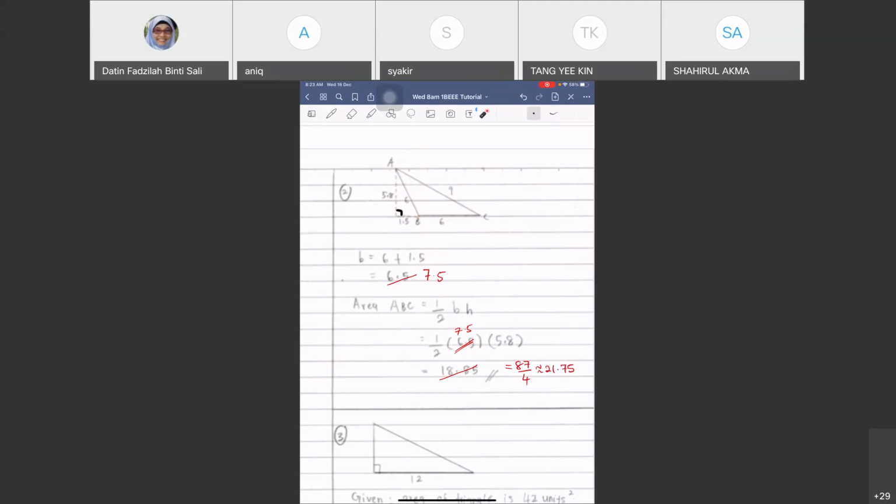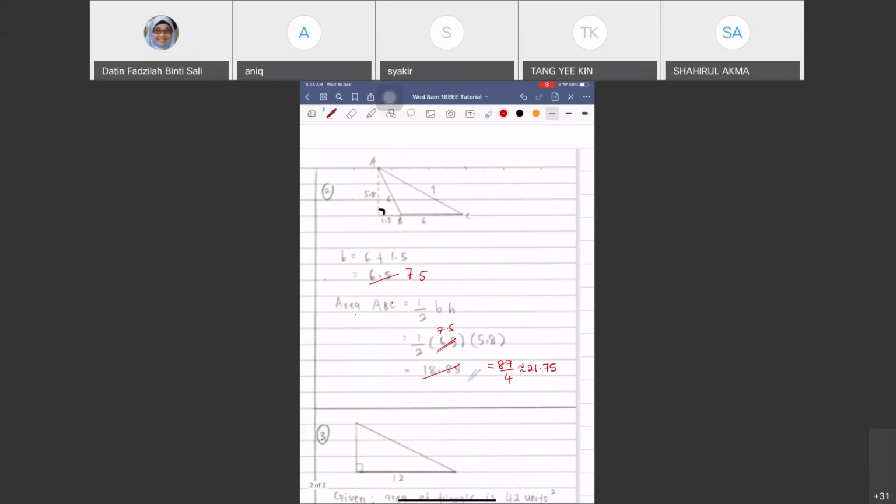So this is not the area of ABC, this is just the area of the big triangle. Maybe we'll do it like this.